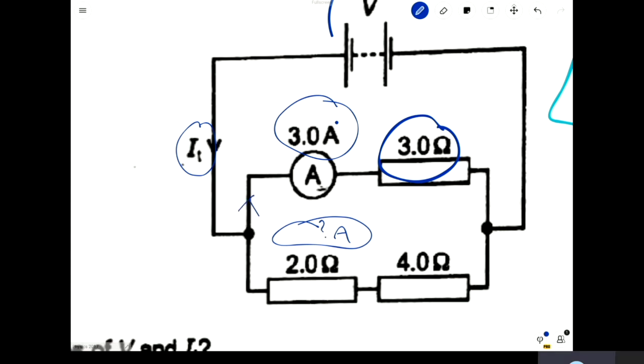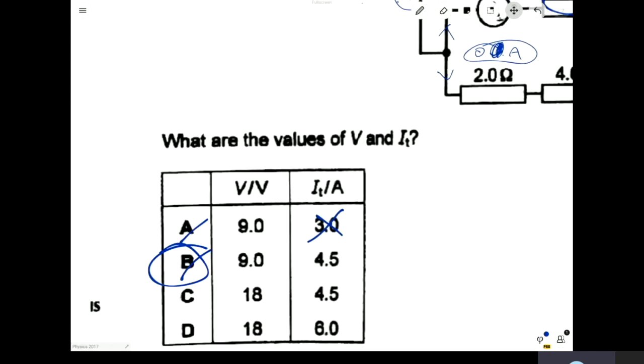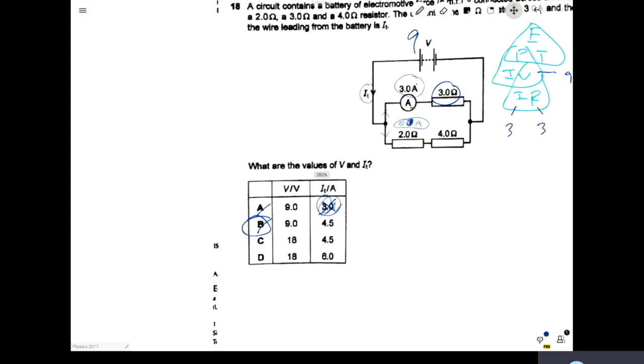You see that? Because the current coming in will split into 2. Correct? So there must be some value here, right? It cannot be 0. So if it's not 0, it cannot be 3. So this is definitely wrong. Answer is B. You don't have to do extensive calculation for this. Right, that'll save you some time.